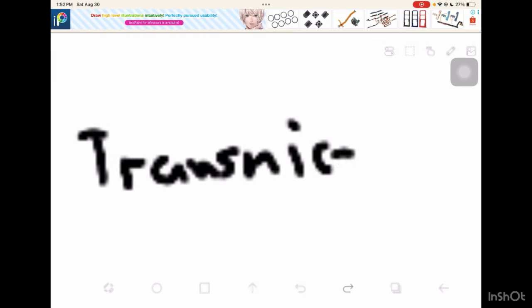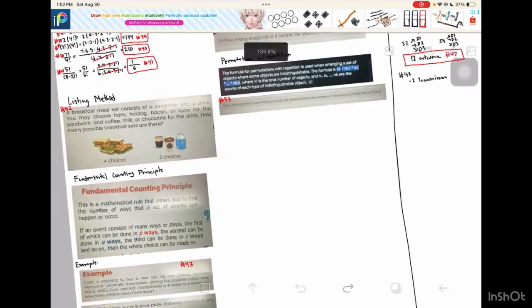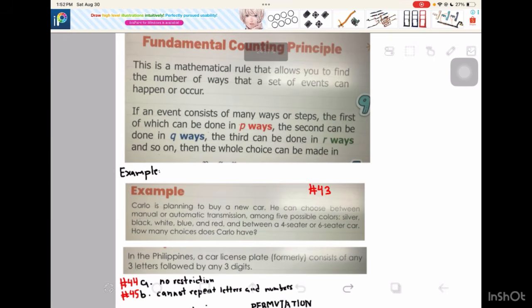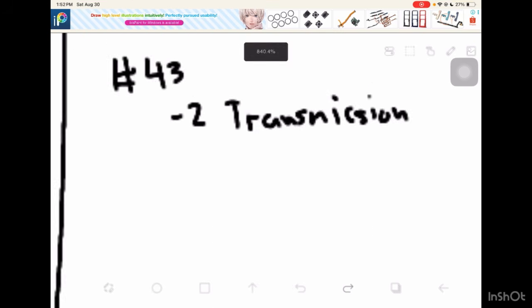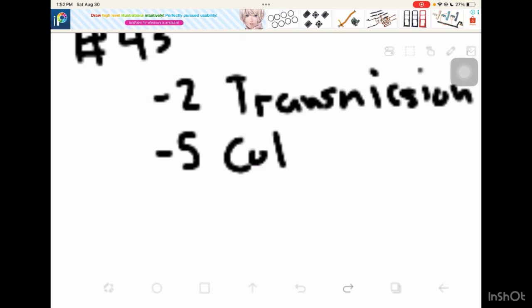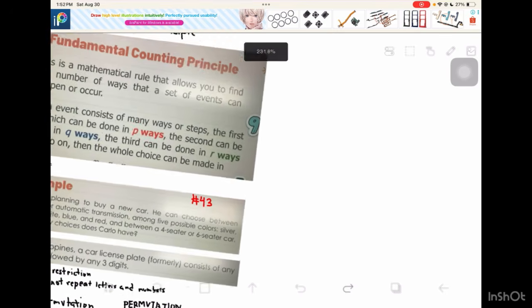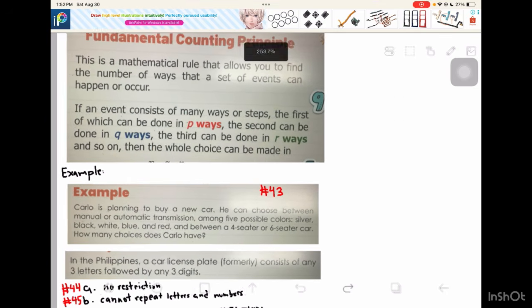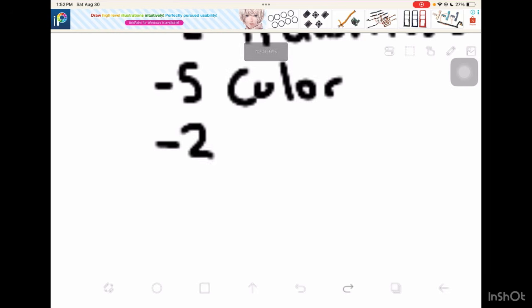And then we also have 5 possible colors: silver, black, white, blue, or red. So we have 5 colors. And then we can also choose between a 4 or 6 seater car. So 2 seat types.